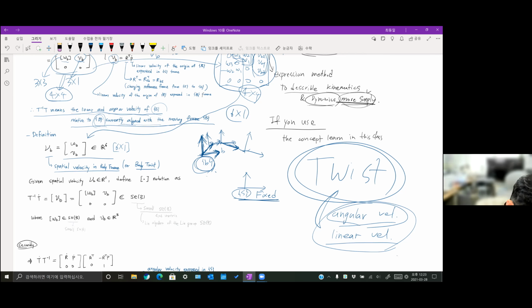Actually the Greek symbol is nu, but I will read it as twist, just twist. Twist B. So the given spatial velocity twist B defines notation like this. This bracket means skew symmetric bracket, but this bracket means the matrix bracket.